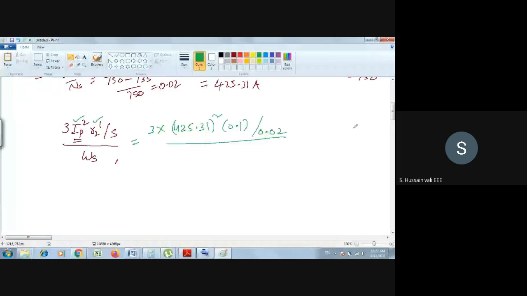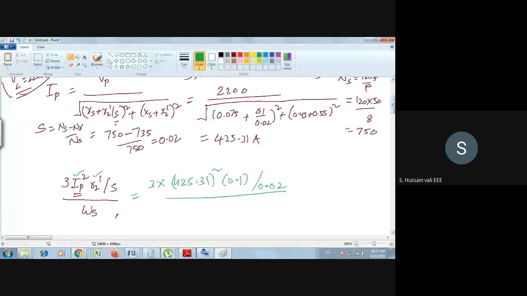Omega s is nothing but, as I told you already, the synchronous speed. But you have to find it in terms of omega, that is angular frequency. So 2 pi N by 60. So 2 into pi into N, where N is 750, by 60. Please tell me how much you got. So that's the rated torque.